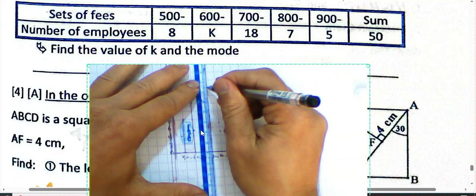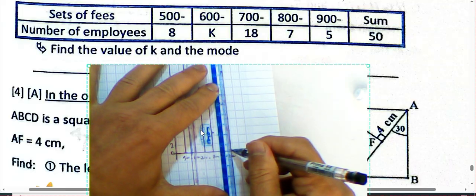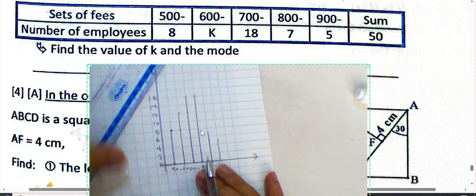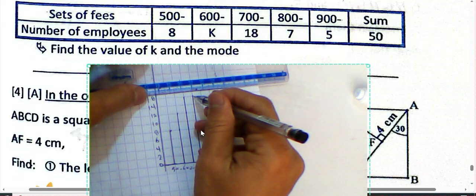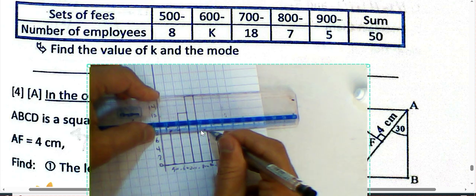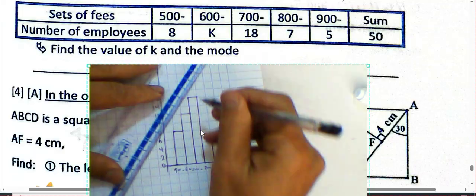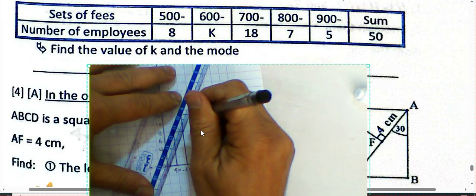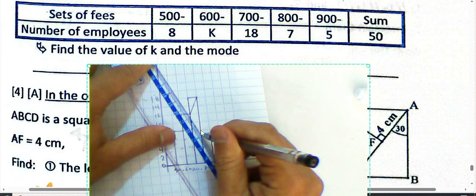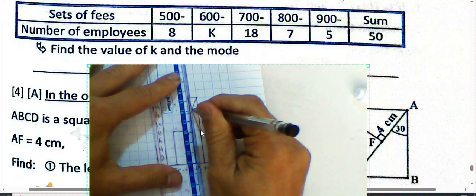Like this. And next step, close the intervals. And then draw the x-axis with two intersecting line segments like this.